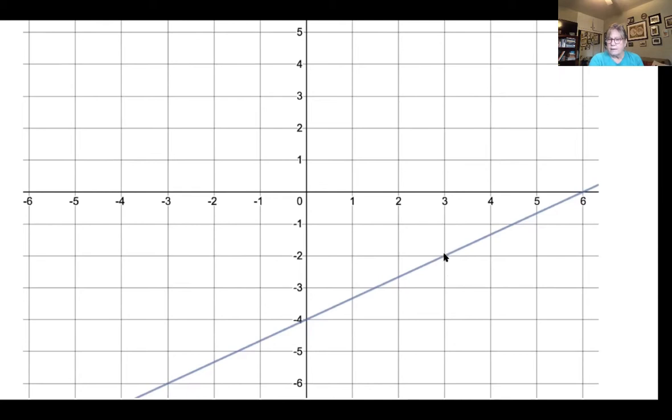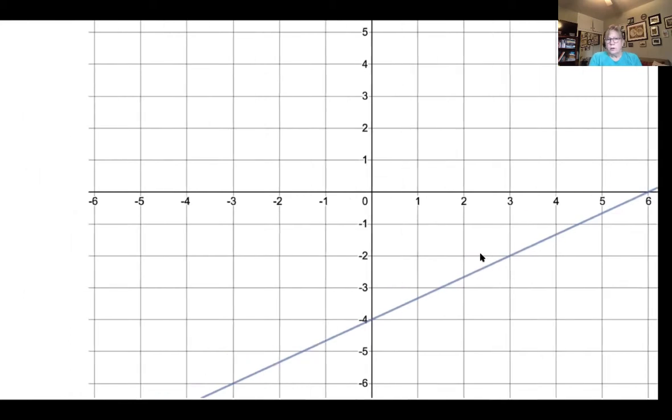It's at 3, negative 2. Or let's find one over here. This point is very exact. It's at negative 3, negative 6. So we want to pick a point with integral coordinates. They have to be integers. So let's look at some of those, and we'll plot some points, and we'll graph from there.